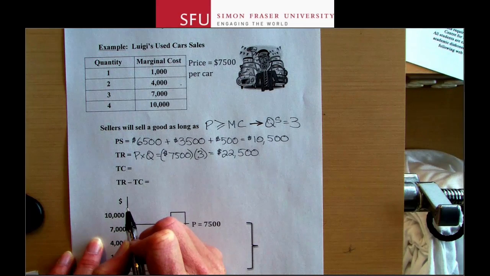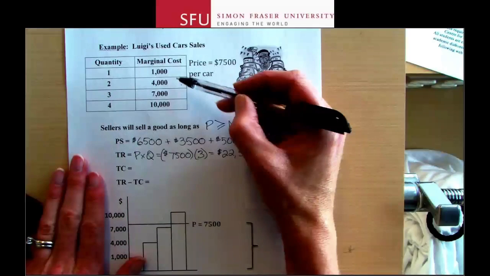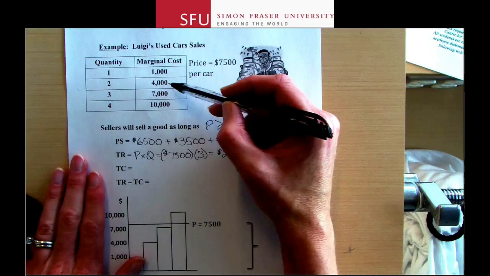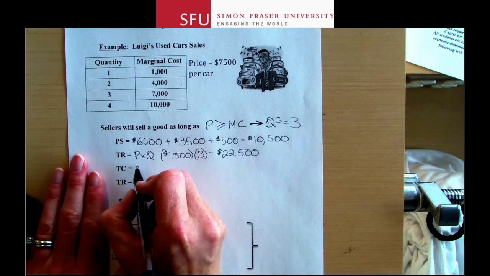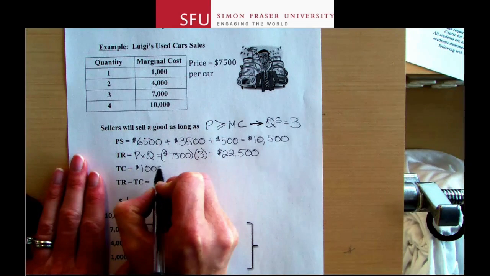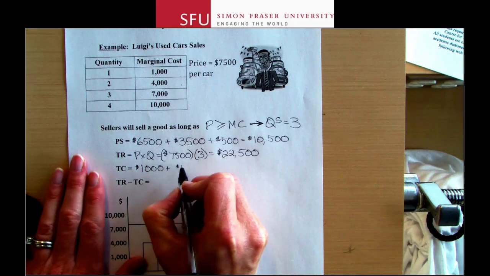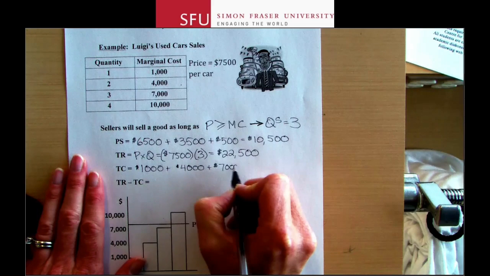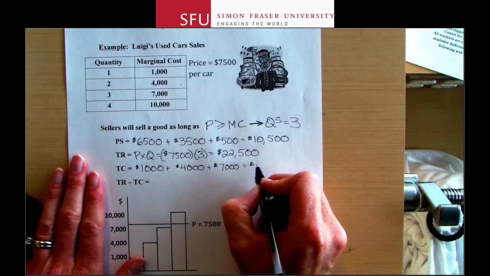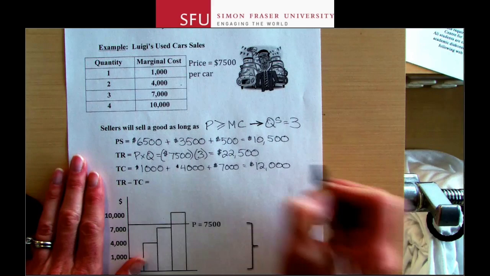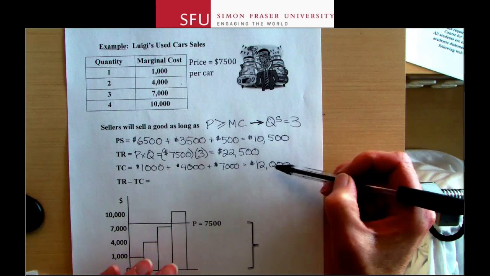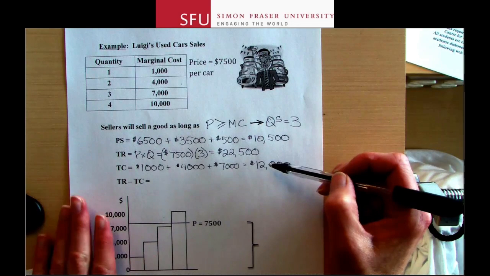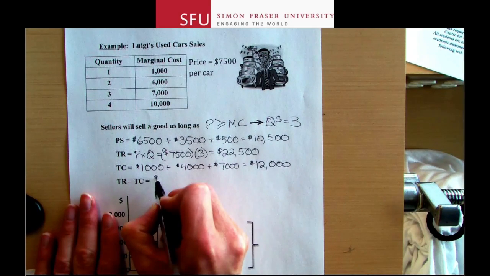Their total cost would be the sum of the marginal costs, because this is the cost per unit and they sell 3 units, so 1,000 plus 4,000 plus 7,000. Then the difference, total revenue minus total cost, is 10,500, which is the same answer we got on the first line there.